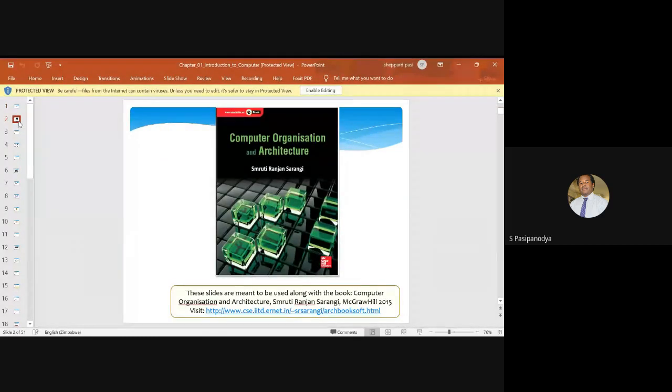And you can also get this resource, which is actually quite good. It's Computer Organization and Architecture by Suruti Ranjan Sarangi. And it was published by McGraw-Hill in 2015.